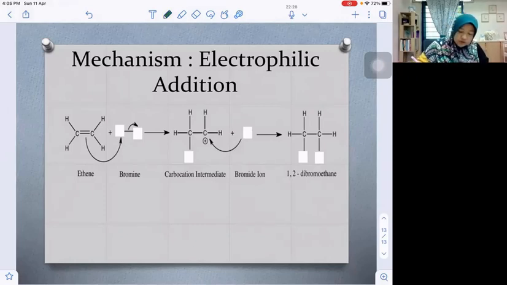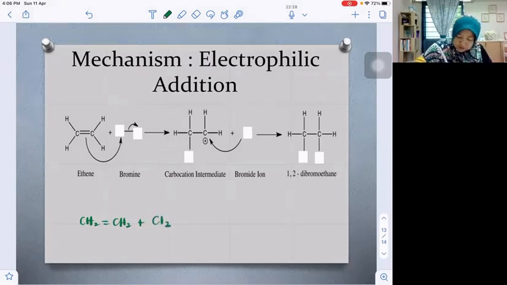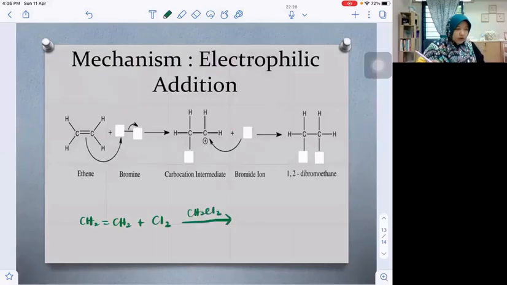If we write the general equation for this reaction, it will be CH2 double bond CH2 reacting with chlorine, Cl2, and the condition is room temperature. We know that the product will be CH2Cl, CH2Cl. This is the general chemical equation.